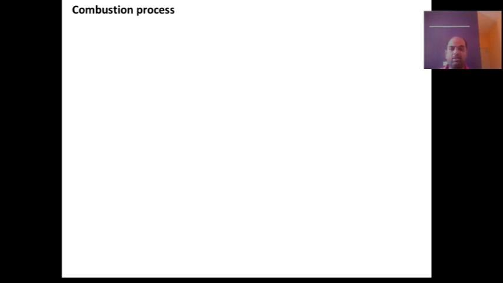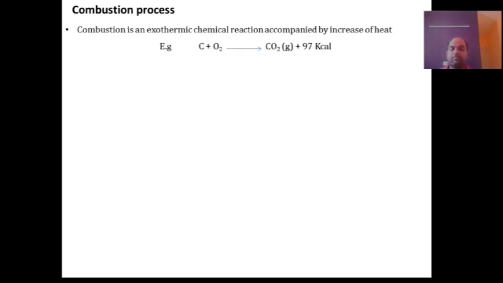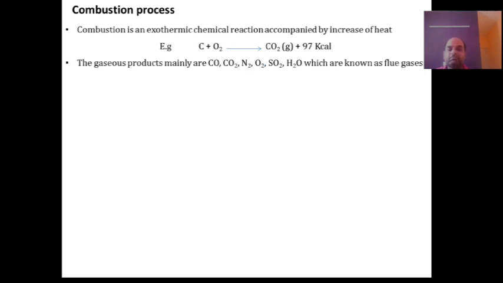So let's take a look at this combustion process. It's an exothermic reaction accompanied by increase of heat. For example, carbon plus oxygen gives you carbon dioxide. When carbon burns, for example, coal, burning of coal is nothing but oxidation of carbon. The end product is carbon dioxide, and 97 kilocalories of heat is liberated.